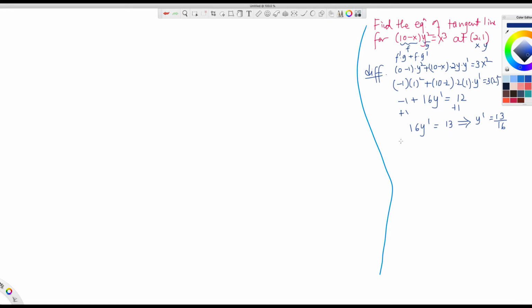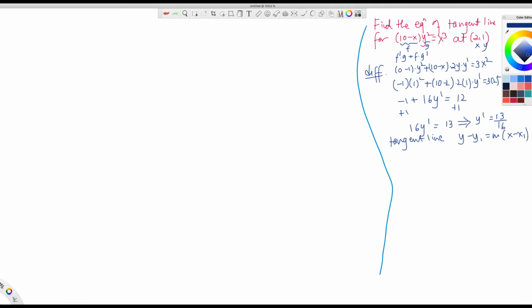Now what is the equation of the tangent line then? To find the tangent line, y prime is basically m, right? So y minus y1 equals m times x minus x1. This is what you use, right? So what are the values of m, x1, and y1 then?